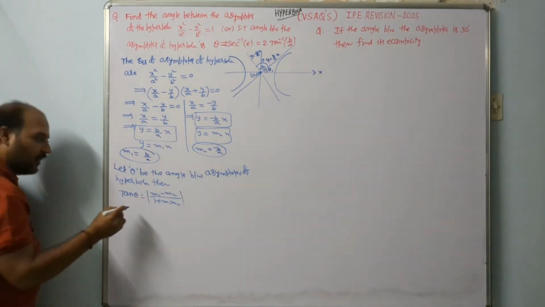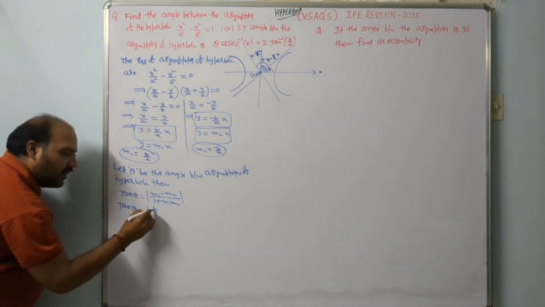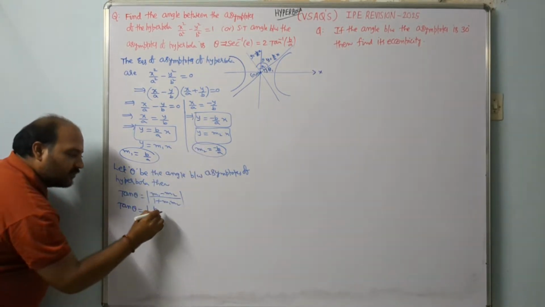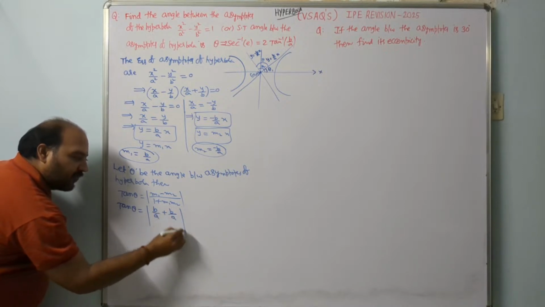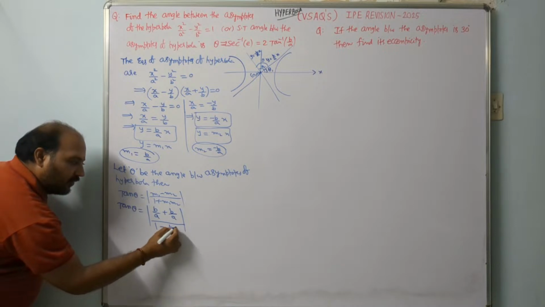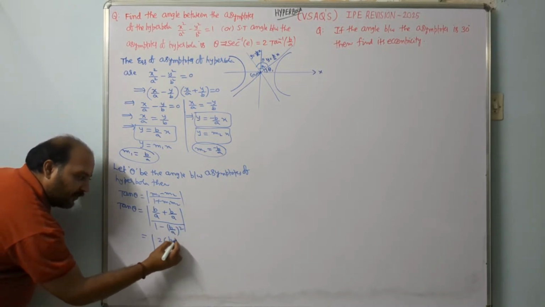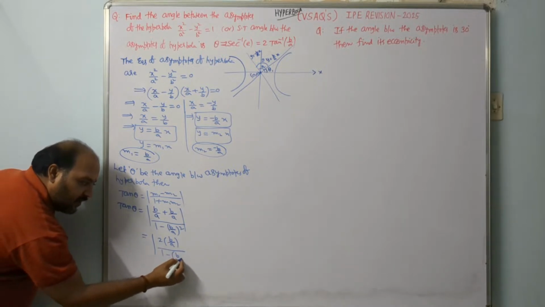M1 value, M2 value is there. So tan theta equal to m1 value b by a minus of minus b by a, which is plus b by a, by 1 minus into plus is minus b by a whole square. So we can write it as 2 times b by a by 1 minus b by a whole square.